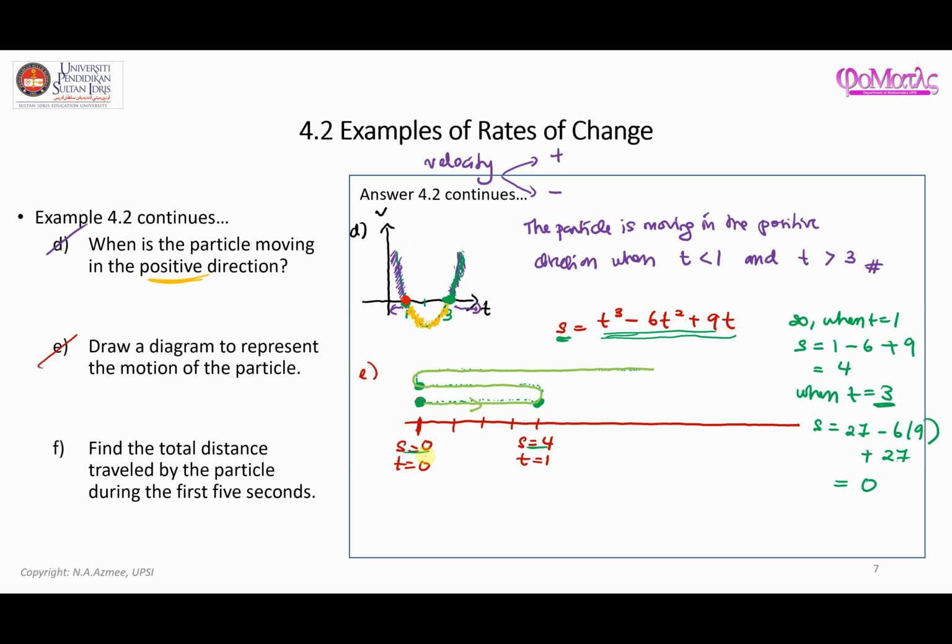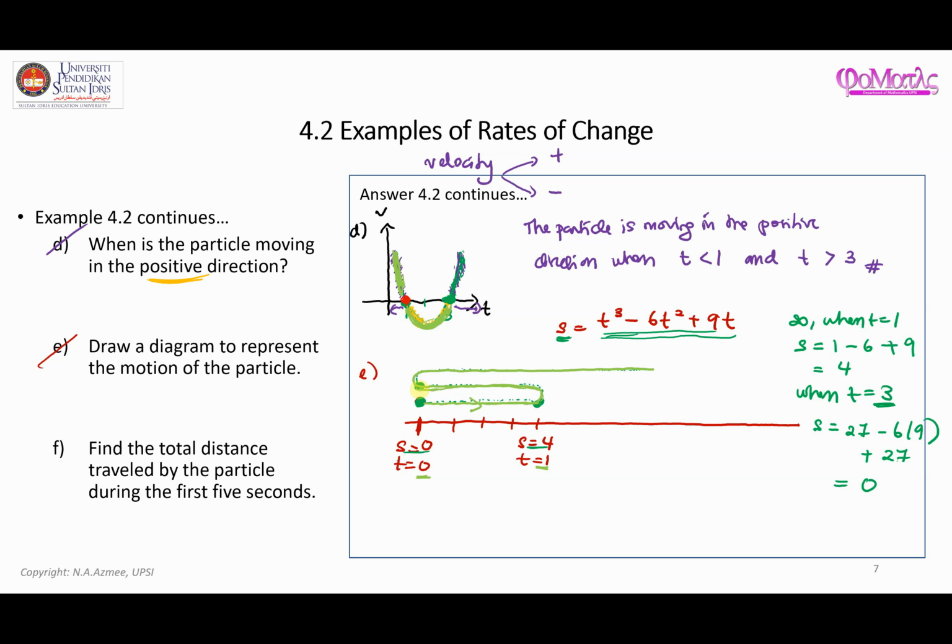So from t equals 0 until t equals 1, the velocity is positive, which means that it goes in the positive direction here, and then it stops when t equals 1. And from t between 1 to 3, velocity is negative, which means that the particle is moving in this direction.